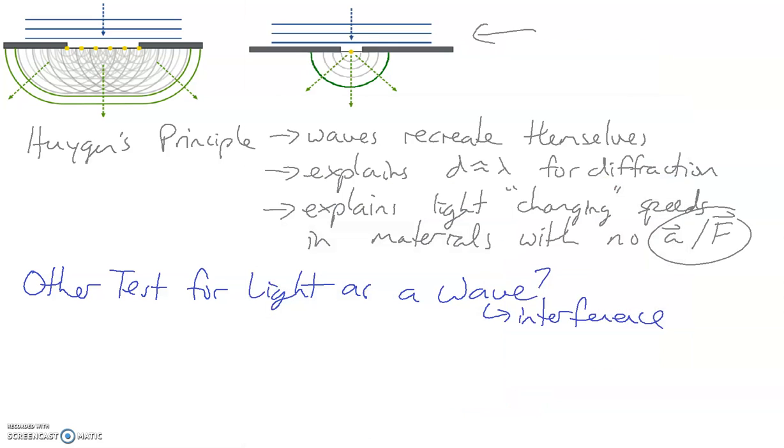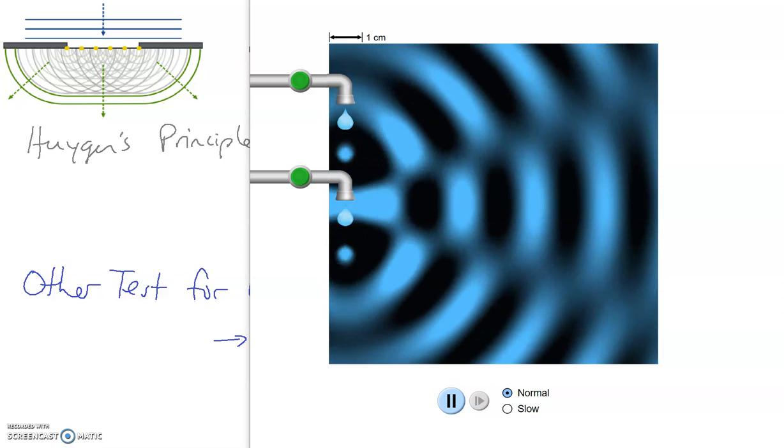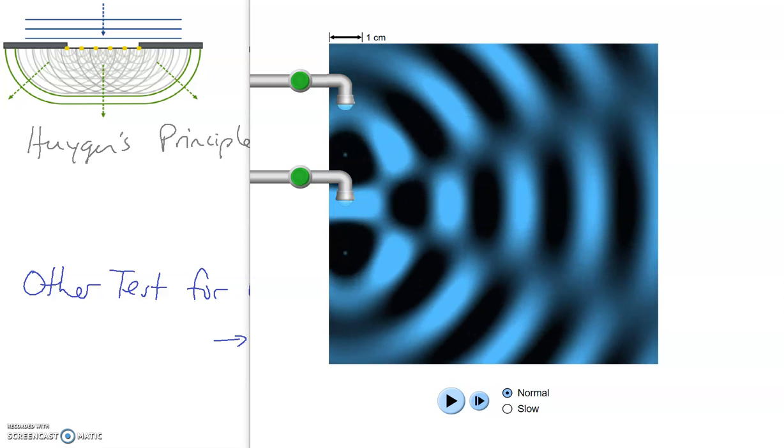Can you actually create an interference pattern with light? Now that may seem kind of strange, because if this is true, we'll pause this for a second here.